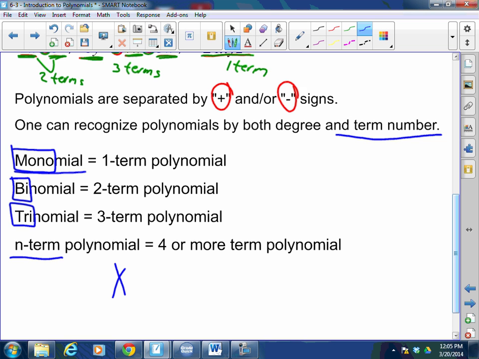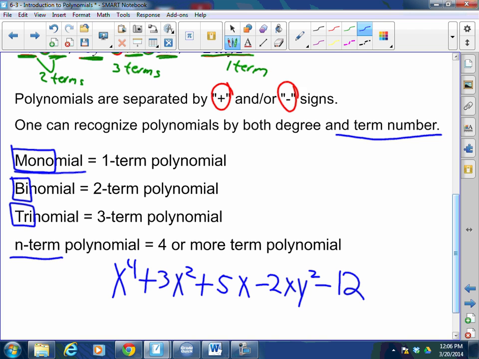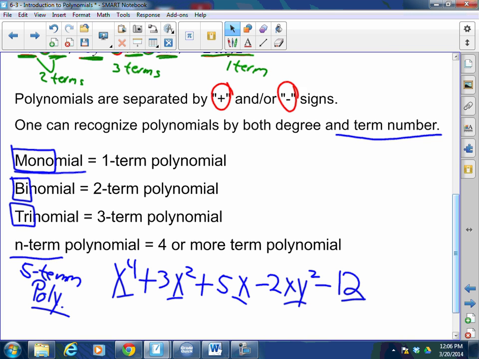So this would be called a 1, 2, 3, 4, 5-term polynomial. Does that make sense? Gentlemen? You promise? Yes? May I continue? We got this. I don't want to lose anybody.